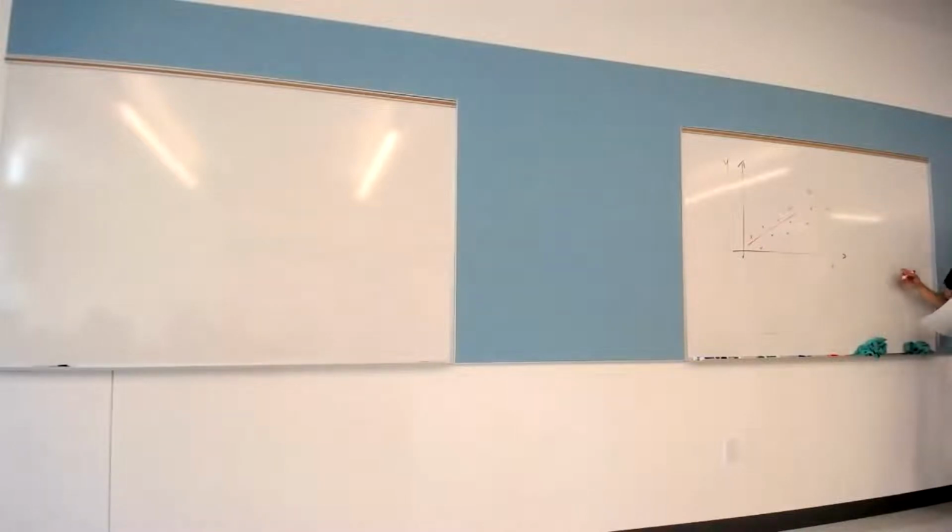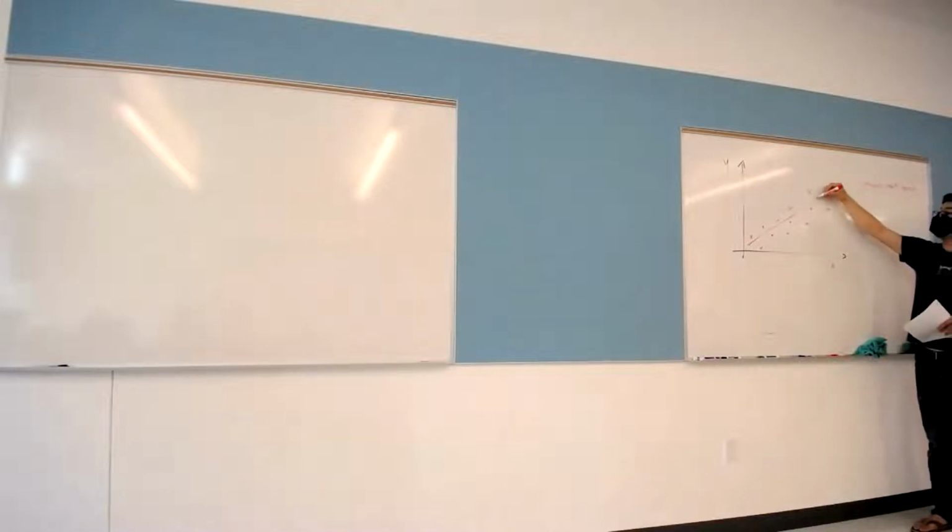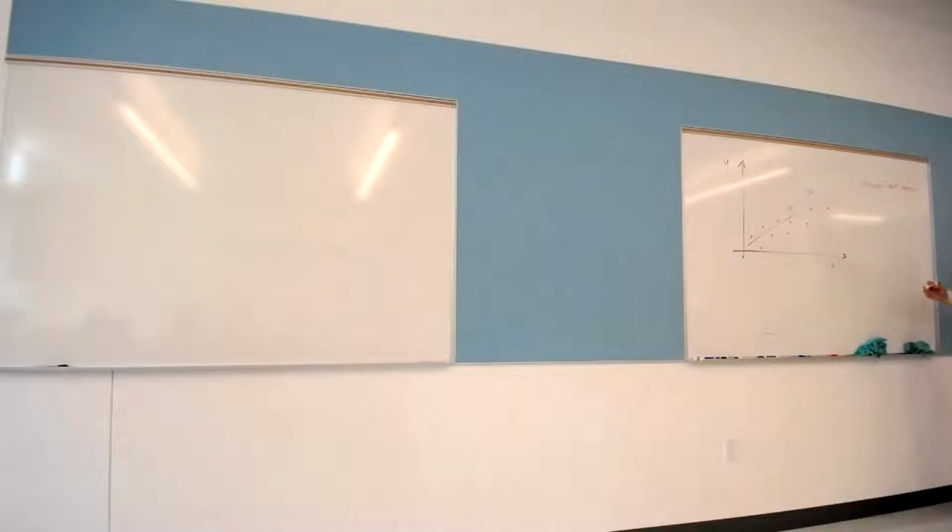Okay, so the way this is done is called ordinary least squares. Okay, and so what you do is you actually square these distances.